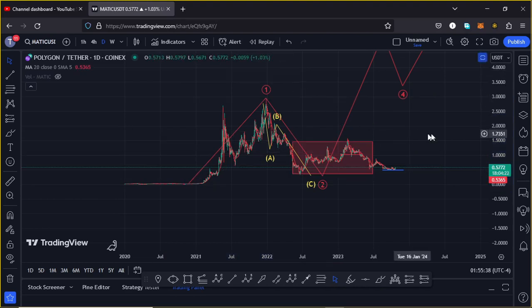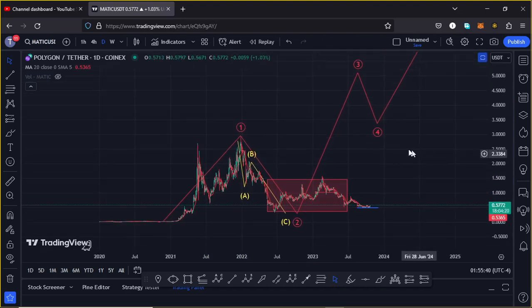wave 2, and once the bull market starts, we can see another impulse to the upper side in the formation of this wave 3.